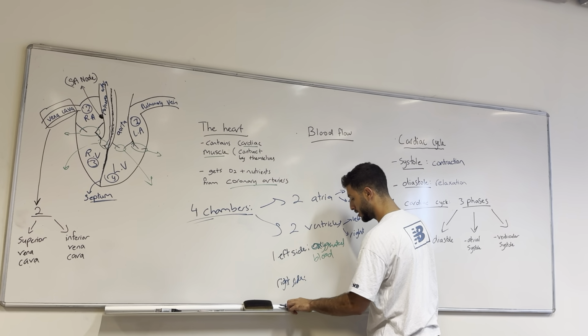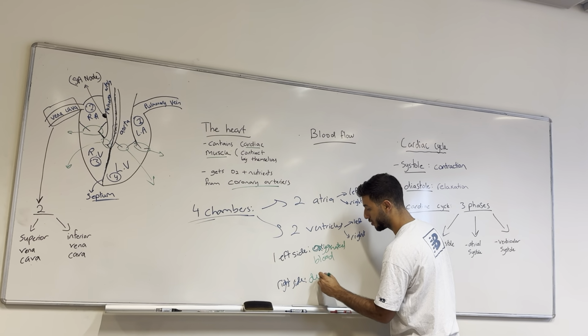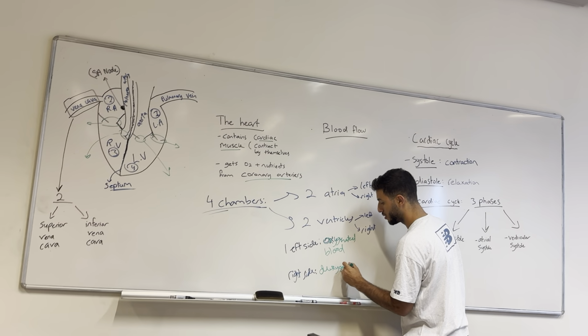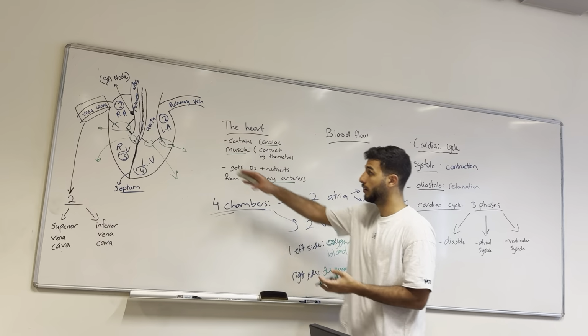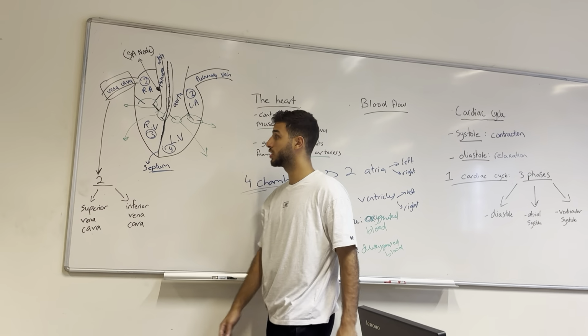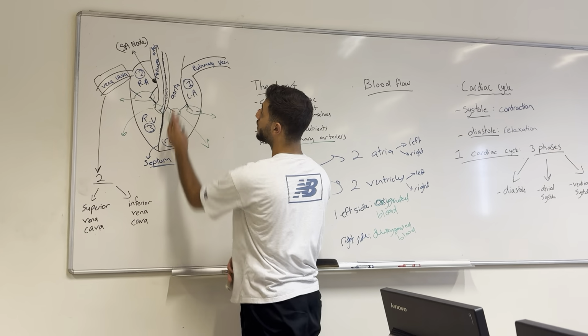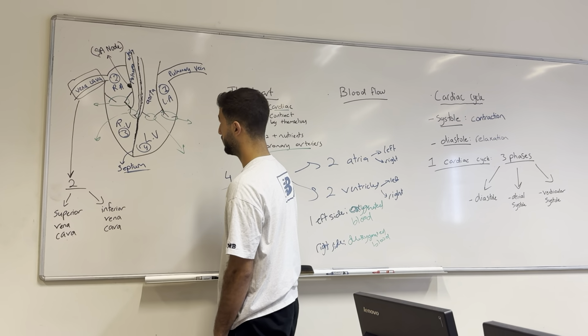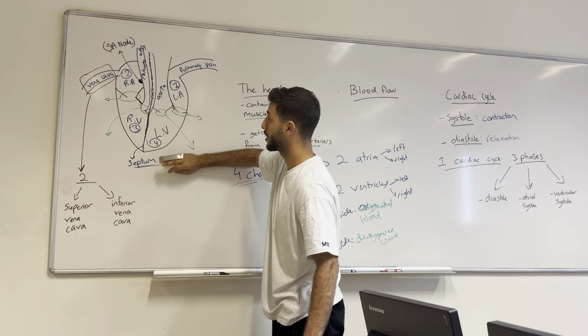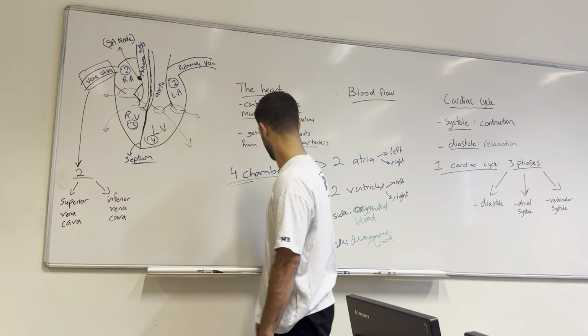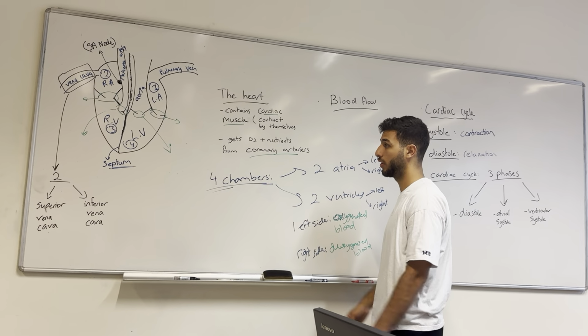It's going to be deoxygenated blood. And of course, we don't want the oxygenated blood to mix with the deoxygenated blood. That's why we have a septum in the middle which separates them, okay? Now, we talked about the left atrium, the left ventricle, right atrium, right ventricle. And those are the 4 main chambers of the heart.